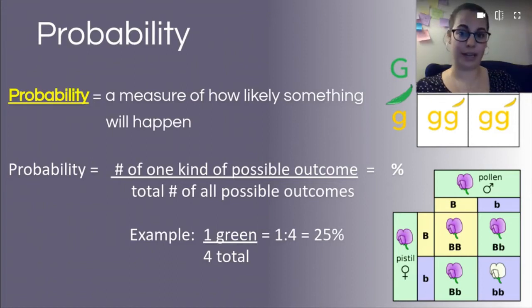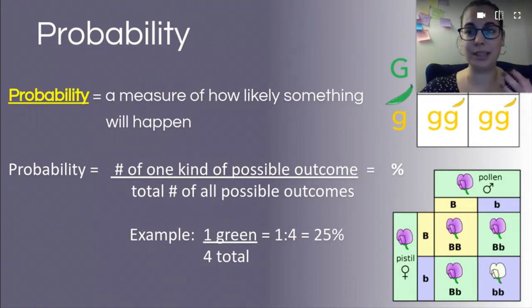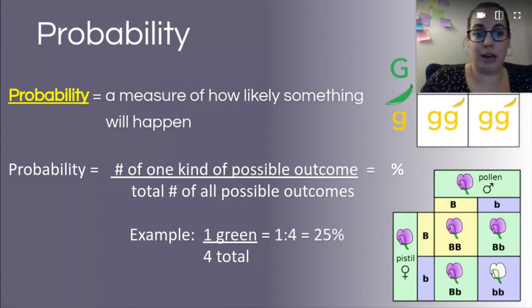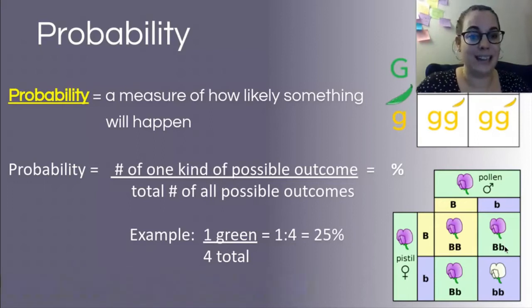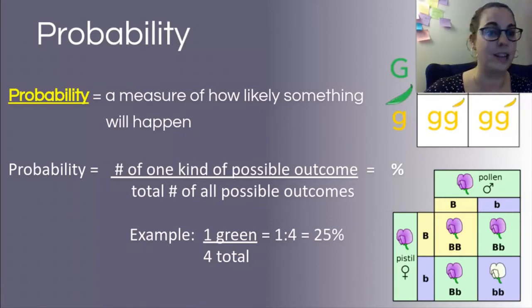Now, in genetics and in heredity, we are actually able to say how likely a trait will get passed on to your offspring. And this uses this idea of probability. Probability is the ability to measure how likely something will happen. So we can take two parents and say, of all the offspring, there's a 25% chance that your offspring is going to be white instead of purple.